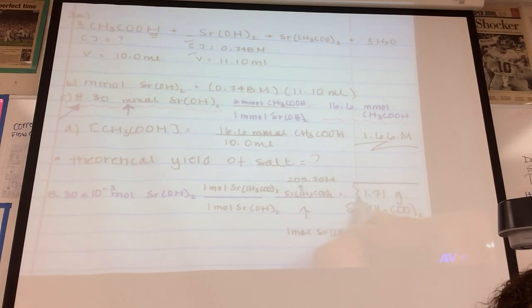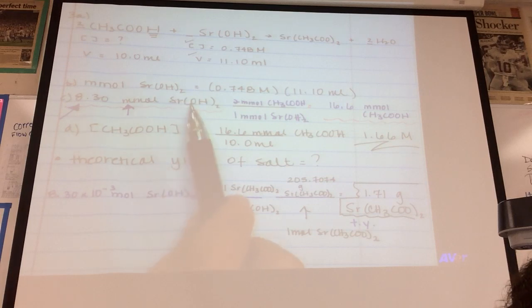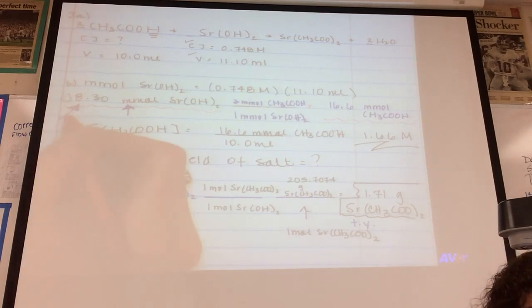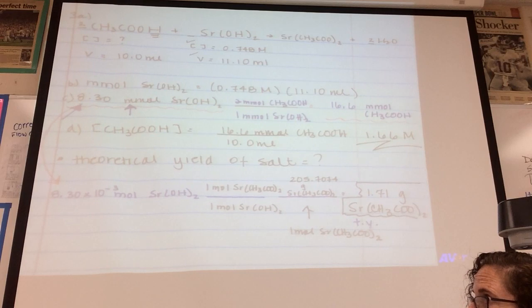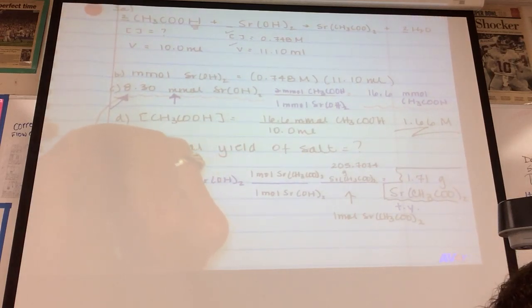So some of you may want to scribble a little note in your notes. You can use moles of either the base or the acid. It doesn't matter which, because they're stoichiometrically equivalent. Just make sure that you go from millimoles to moles, and all you have to do there is multiply by 10 to the negative third.